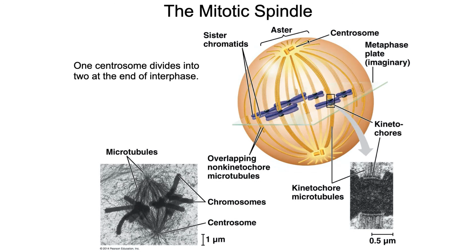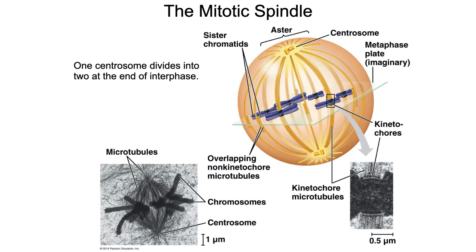There are kinetochore microtubules, and those extend and attach to the kinetochores of the chromosomes. Now, the kinetochore is a protein complex that binds to specific regions of the chromosomes, and these kinetochores then also bind to kinetochore microtubules. This is how those chromosomes are going to be aligned on that metaphase plate, through actions of the kinetochore microtubules interacting with the kinetochores of the chromosomes.